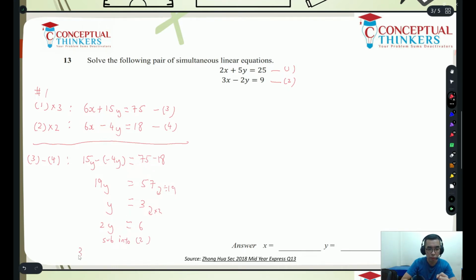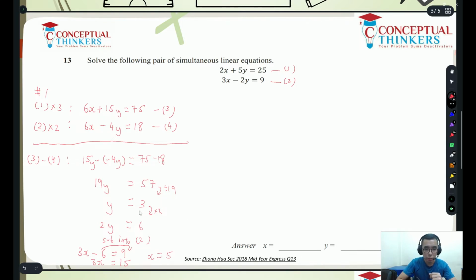I get 3x minus 6 equal to 9. Then bring this minus 6 across the equal sign, and you change the minus to plus. So 9 plus 6 will give me 15, so I will get x equal to 5.